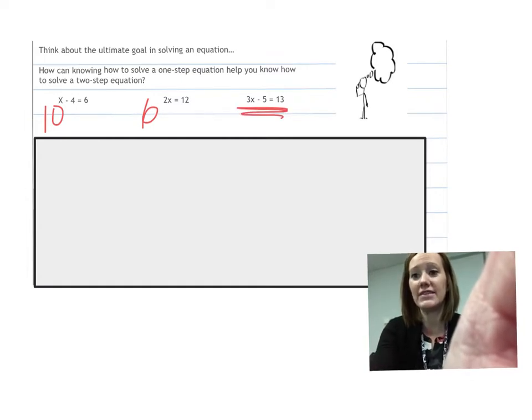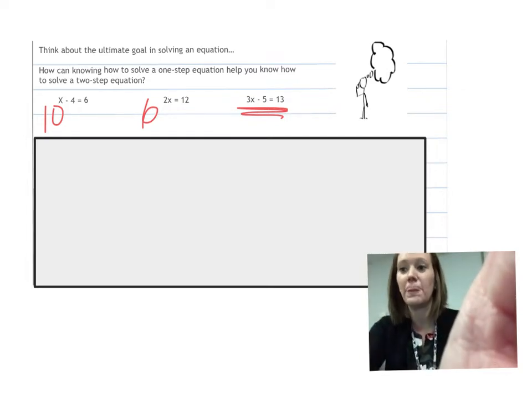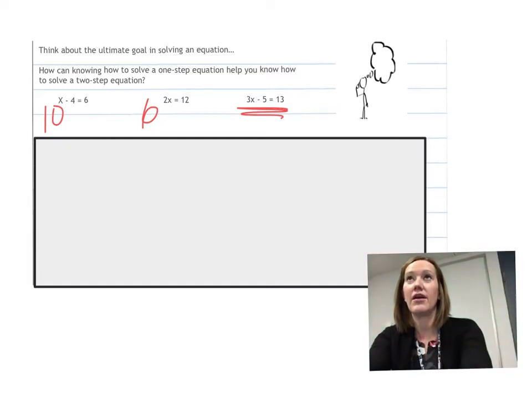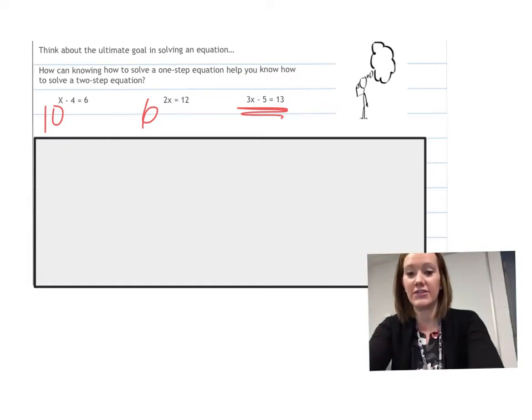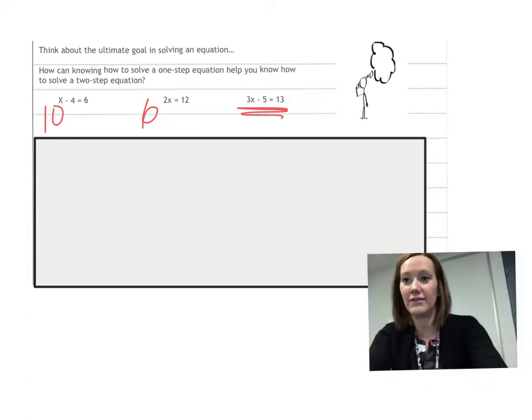Now we have a multi-step, so now we have more steps. So 3 times something minus 5 has to equal 13. So we need to think about going backwards and using our inverses to isolate the variable again so that we can figure out the value.